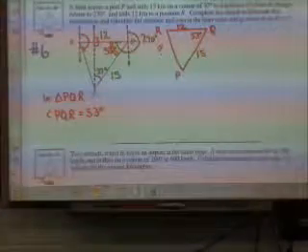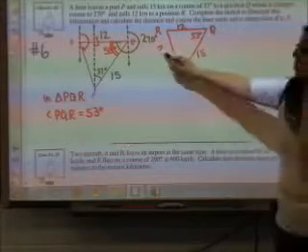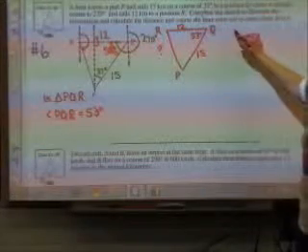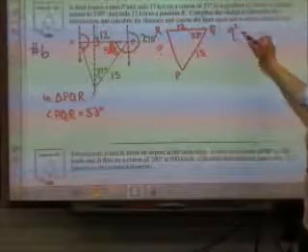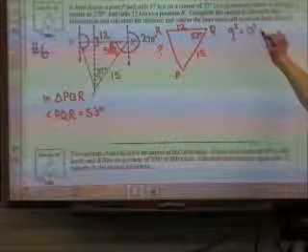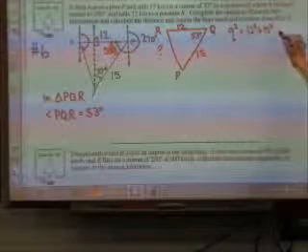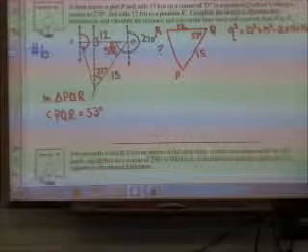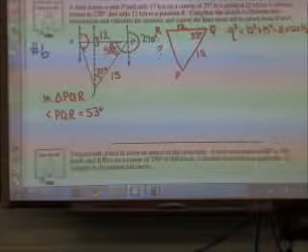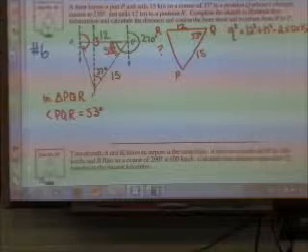Thank you, Evan. So the cosine law would be PR squared, or Q squared, would equal 12 squared plus 15 squared minus 2 times 12 times 15 times cos 53. So determine that calculation for me, please.